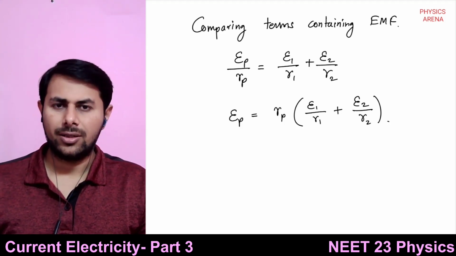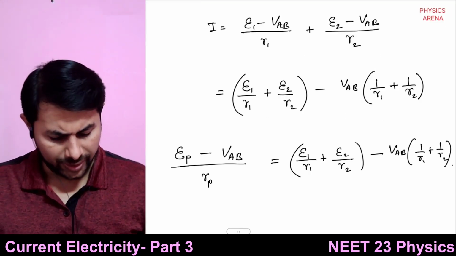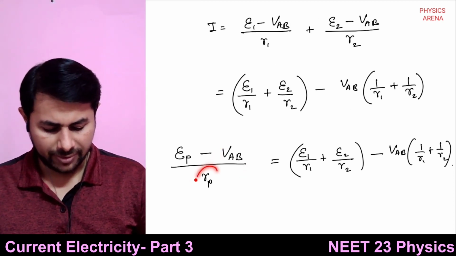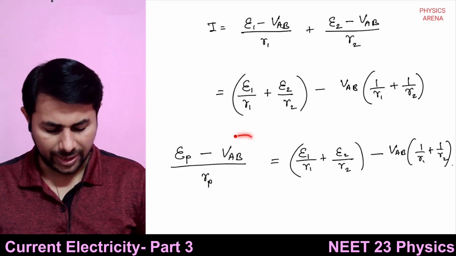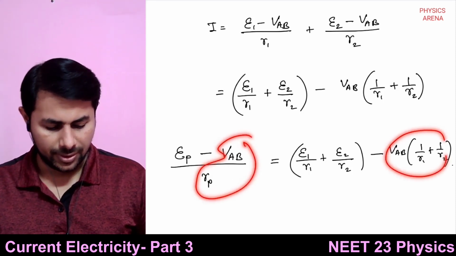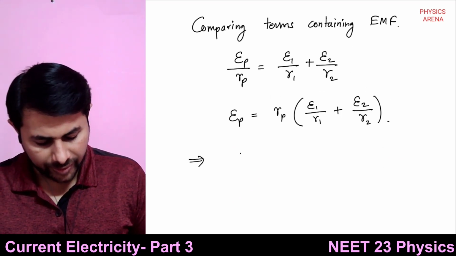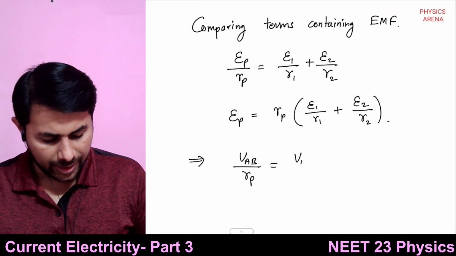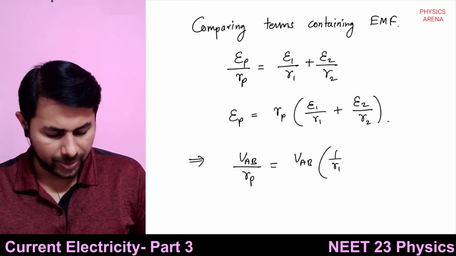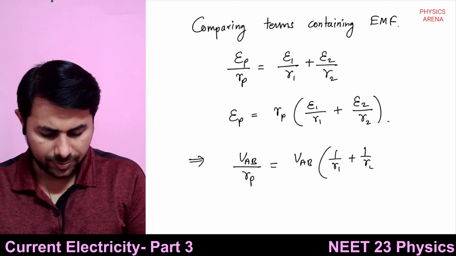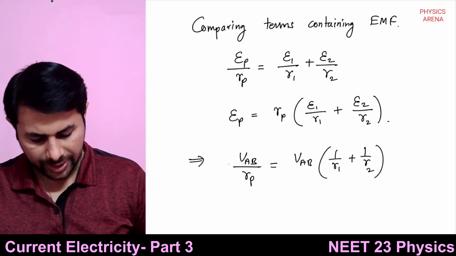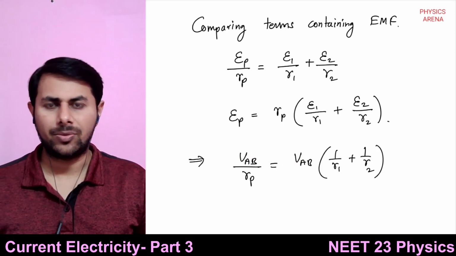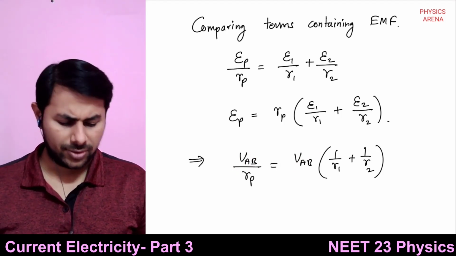So we got the equivalent EMF. Then, comparing the potential difference terms, we get the value of resistance. VAB upon RP is equal to VAB multiplied by 1 upon R1 plus 1 upon R2, and we can cancel out VAB on both sides. So we get 1 upon RP is equal to 1 upon R1 plus 1 upon R2. This is nothing new.